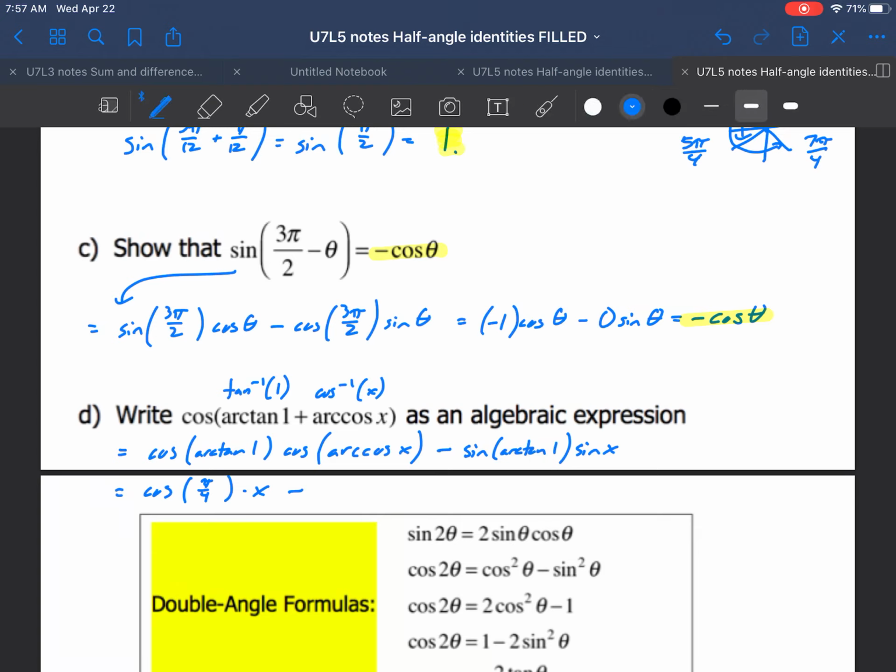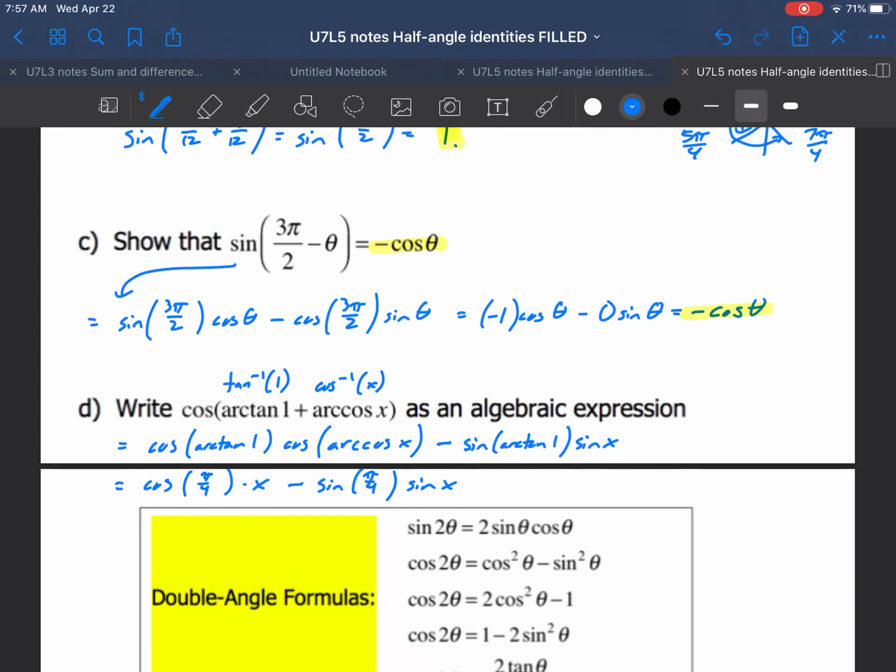Arctan of 1, again, it's going to be pi over 4. So I'll write the sine of pi over 4 times sine x. Okay, and then this is going to equal, well, cosine of pi over 4, that's root 2 over 2 times x, minus the sine of pi over 4, well, that's also root 2 over 2 times sine x.